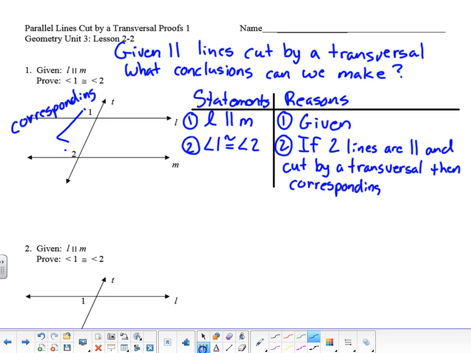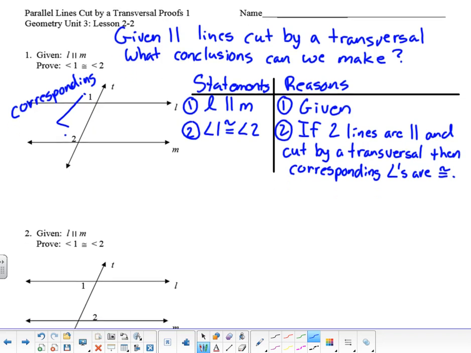I always think of Shakespeare when I think of cut by a transversal. If we have that, we can make that conclusion. Statements are always going to be specific to the problem. Reasons are always going to be general. Essentially, we're just giving definitions here.